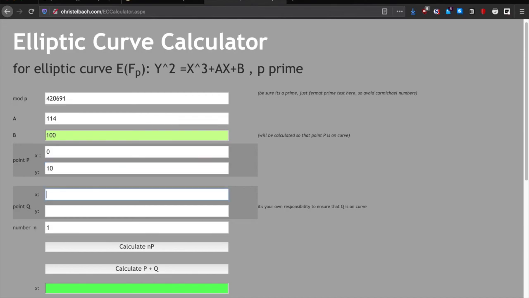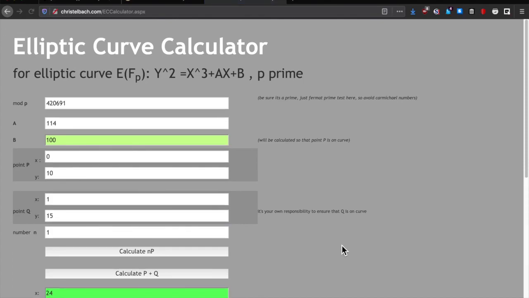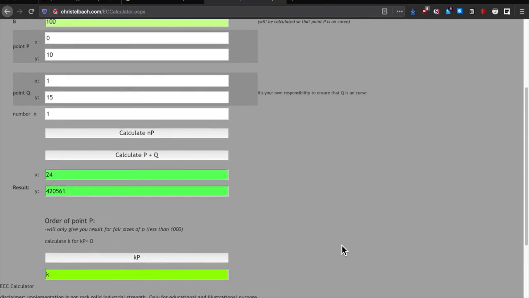My point Q was 1, 15. Can we calculate P plus Q? It gives me the result down here. P plus Q has x coordinate 24, y coordinate 420,561. So I'm not going to do that calculation by hand, and I certainly do not expect you to.